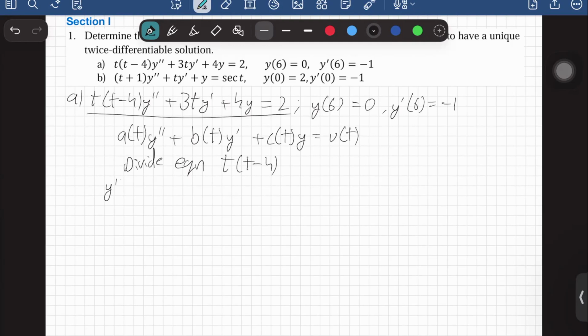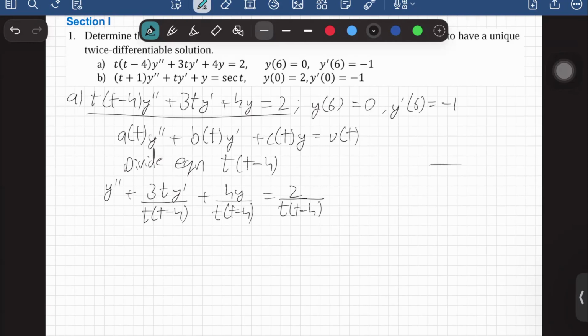So what we get is y double prime plus 3t y prime, divided by t minus 4, plus 4y divided by t minus 4, equals 2t divided by t minus 4. Okay. So there are points at which this equation could fail, right?